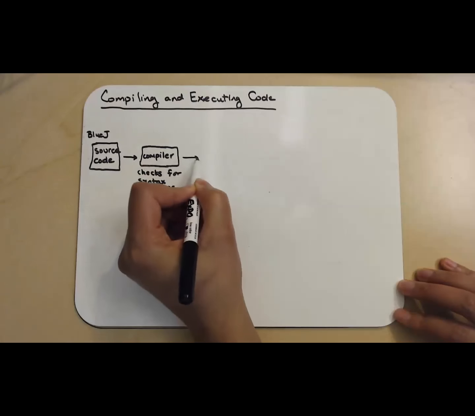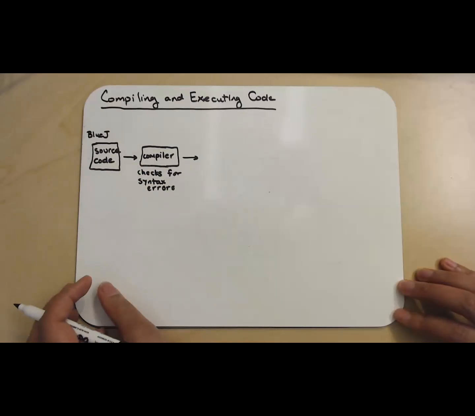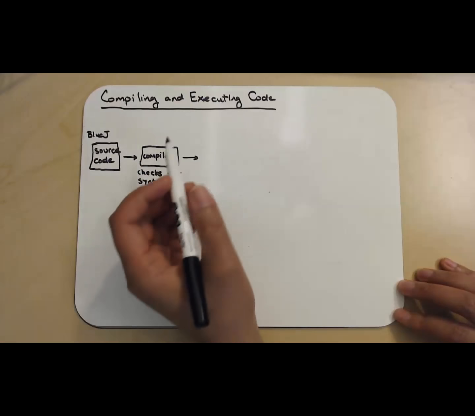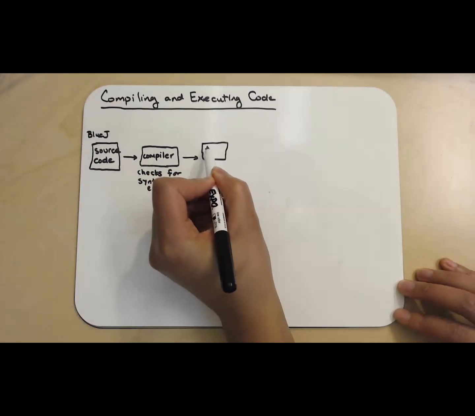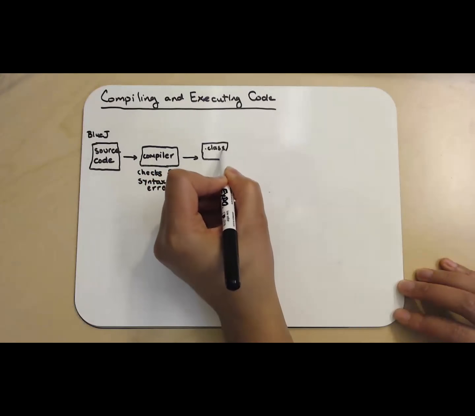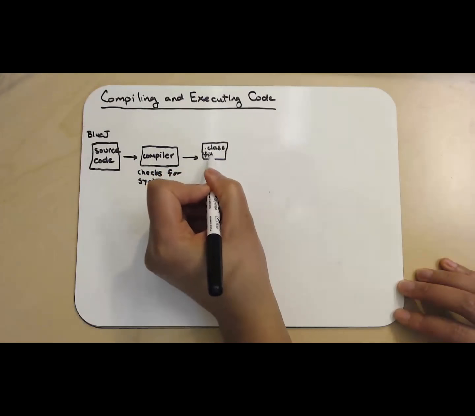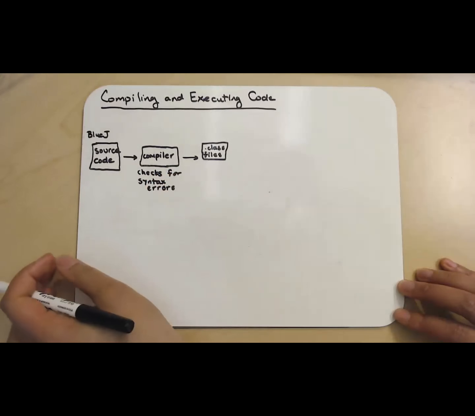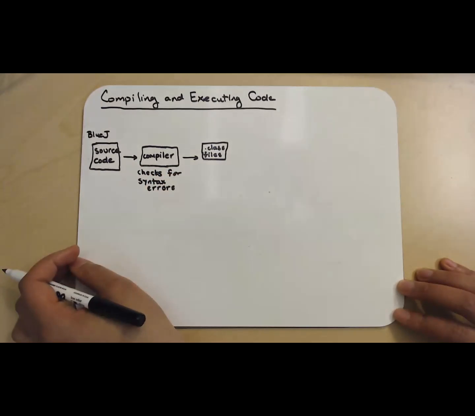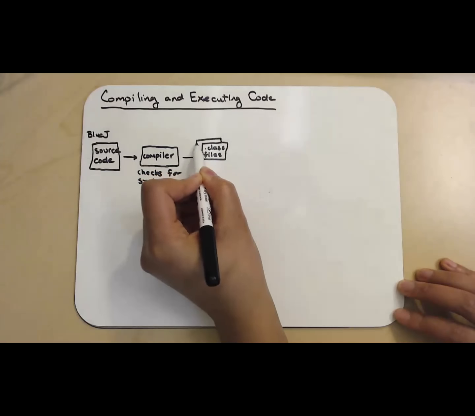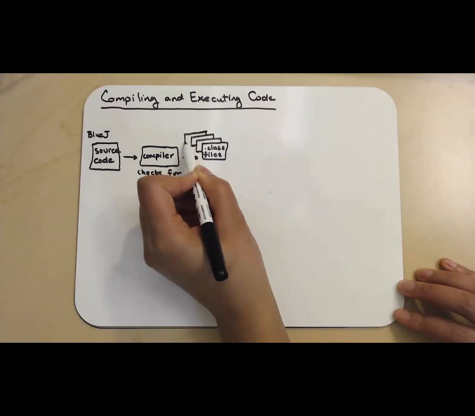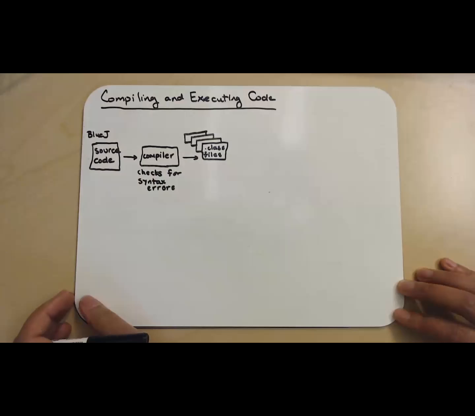However, assuming that you do not have any syntax errors, what the compiler produces is what we saw, the bytecode. It produces these .class files. There's going to be one .class file for every single class that you've written.